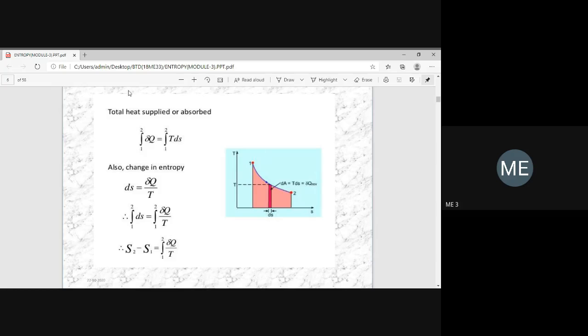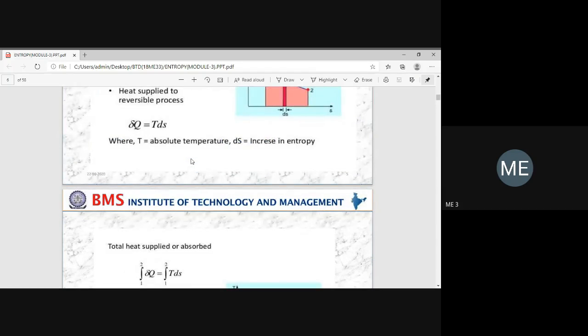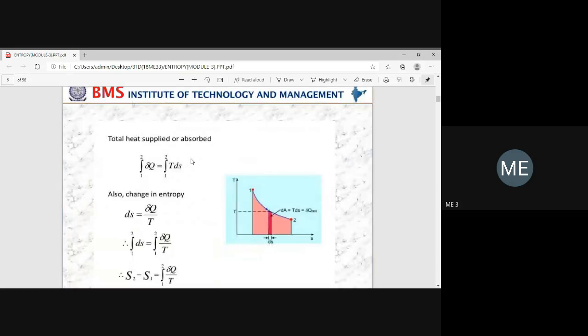So the total heat supplied or absorbed is given by the integration of dq between the limits 1 to 2, between the state points 1 to 2, equals the integration of T ds. The general formula is dq equals T ds. So we consider a particular point, and in order to obtain the entire heat transfer from point 1 to point 2, we integrate this equation between the limits 1 to 2.